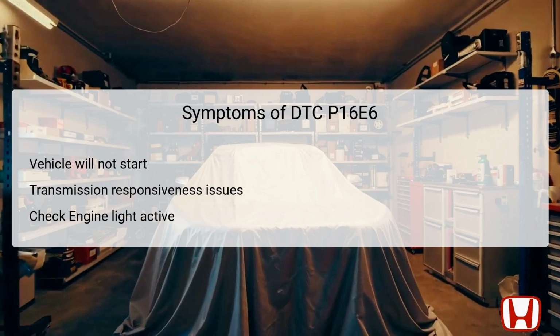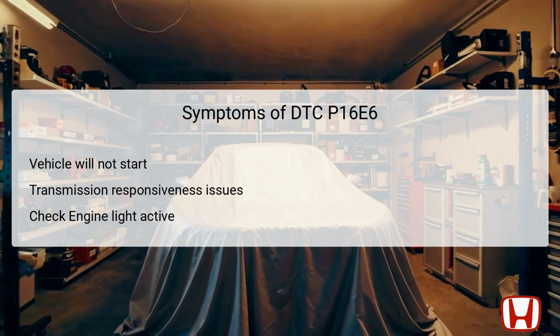Symptoms associated with DTC P16E6 can severely affect vehicle operation. The most prominent symptom is that the vehicle may not start at all, resulting in inconvenience for the driver. Additionally, there may be issues related to the responsiveness of the transmission, meaning it might not shift properly or behave erratically due to the lack of accurate gear position feedback.